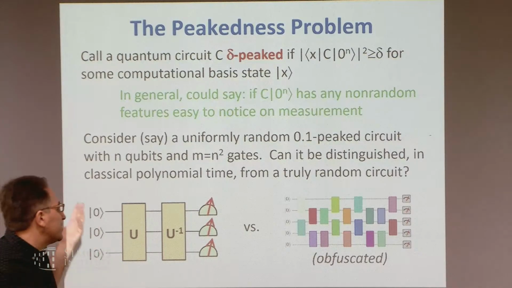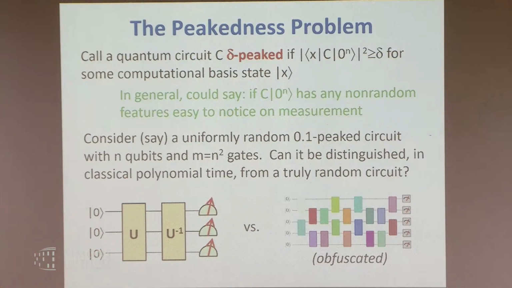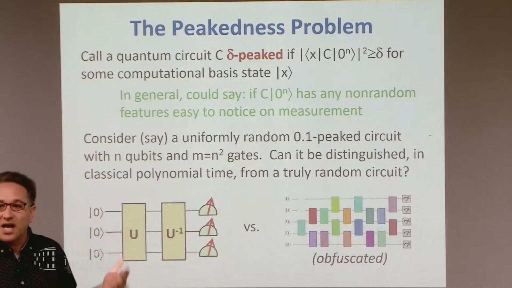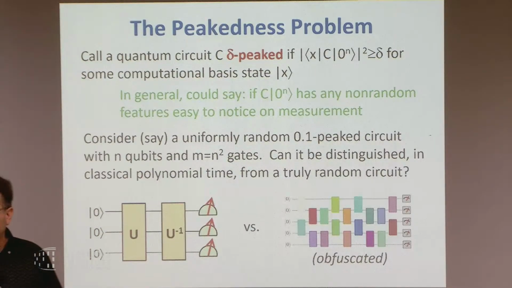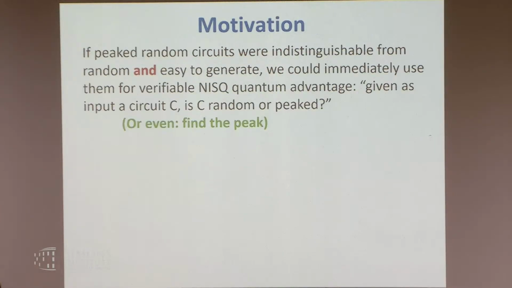So which is true? This is the question. Now I wish I had a theorem for you answering this question, but let me give you a little motivation. As I said, if peaked random circuits were indistinguishable from random and they were also easy to generate, then we could immediately use them for verifiable NISQ quantum advantage.